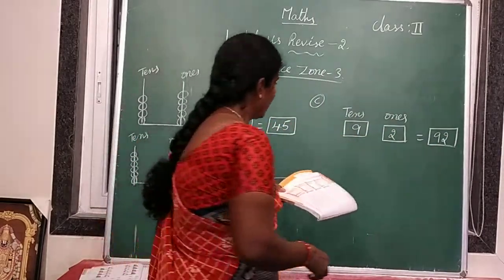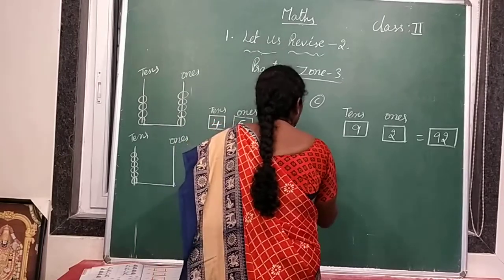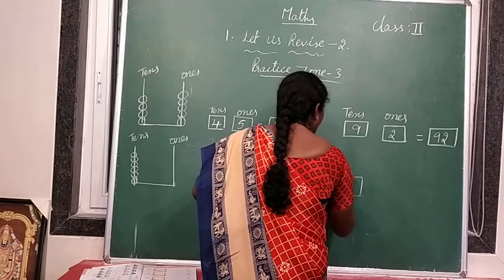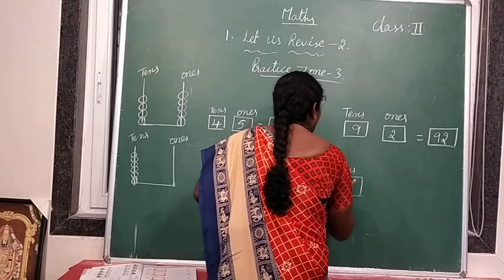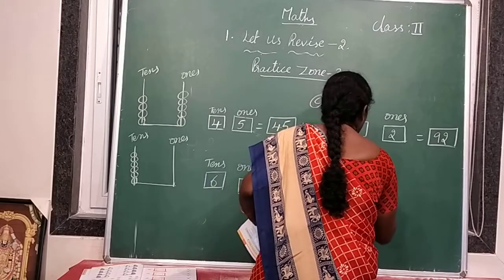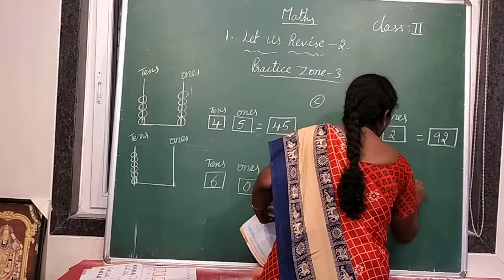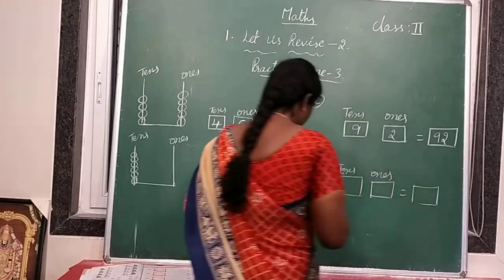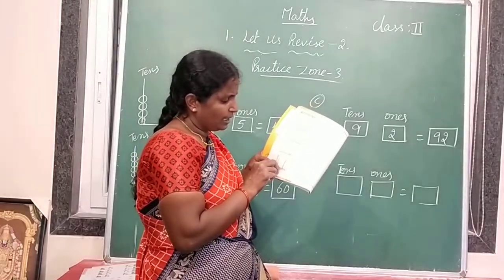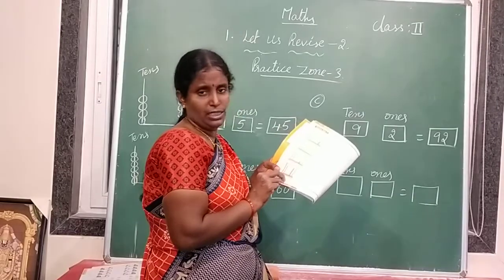And the last one. In the last abacus, how many tens are there and how many ones are there? See here. 1, 2, 3, 4, 5, 6, 7, 8, 9 tens are there.